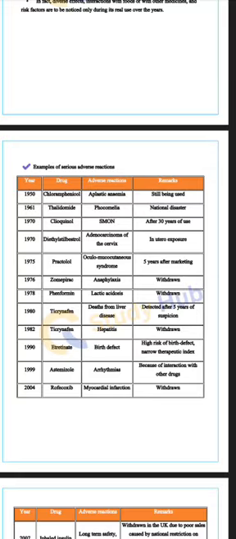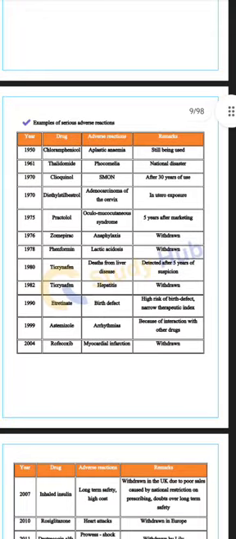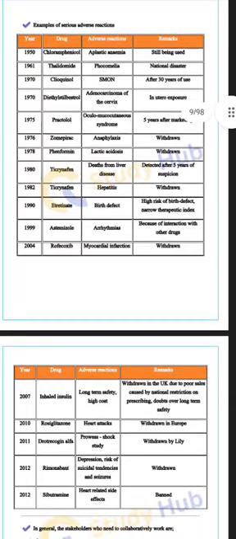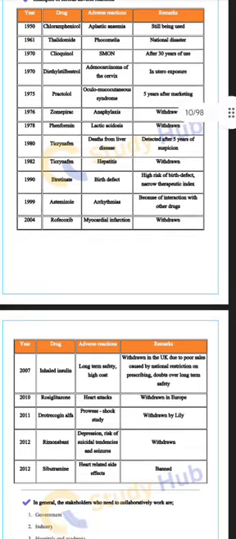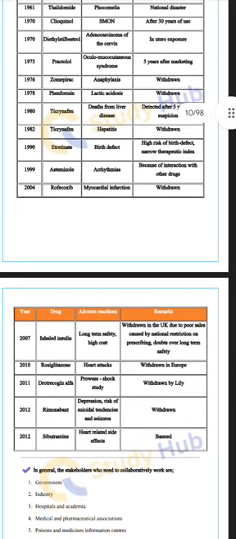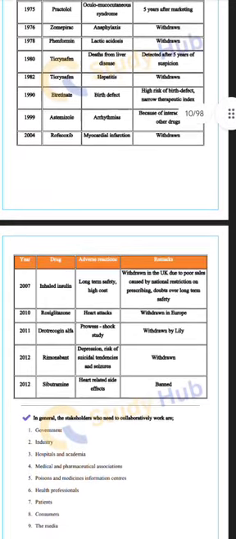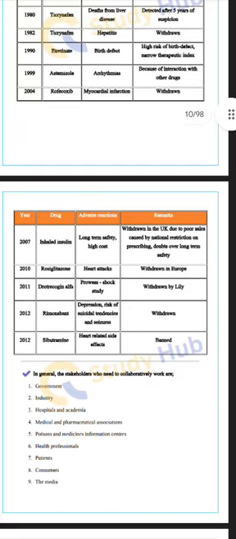It causes arrhythmias because of interaction with other drugs. And inhaled insulin, long-term safety, high cost. Remark: withdrawn in the UK due to poor sales caused by the national restriction on prescribing, and doubts over long-term safety. Then sibutramine, heart-related side effects, it is banned in the country.